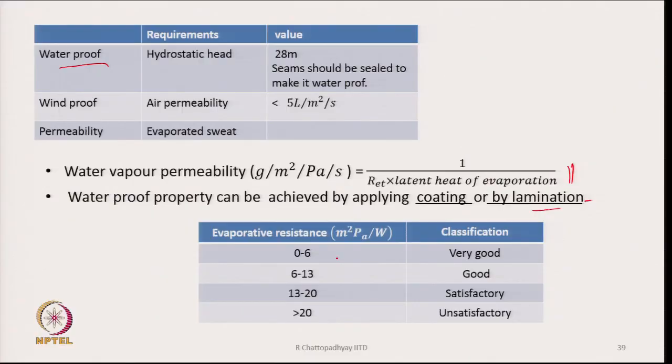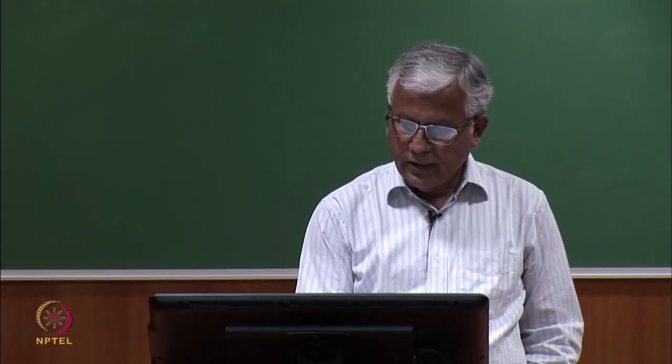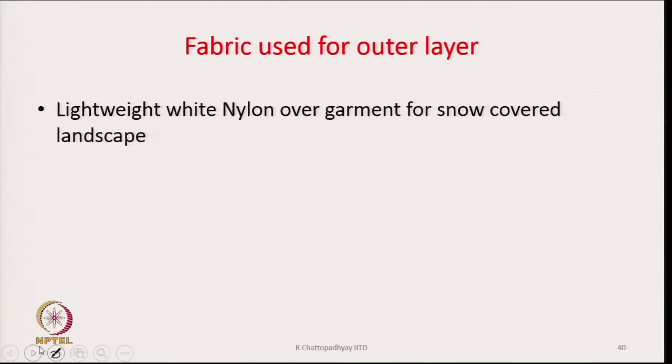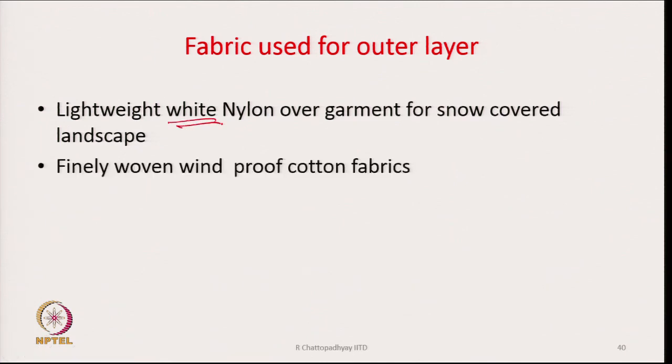Evaporative resistance, some values are given here, and classification in terms of very good, good, satisfactory, just to give you an idea of what type of resistance could be there. Fabric used for outer layers: lightweight white nylon overgarments for snow covered landscape. In that case, the color becomes important. If people are working in an area where snow is there, as a camouflage one can use these white nylon fabrics.